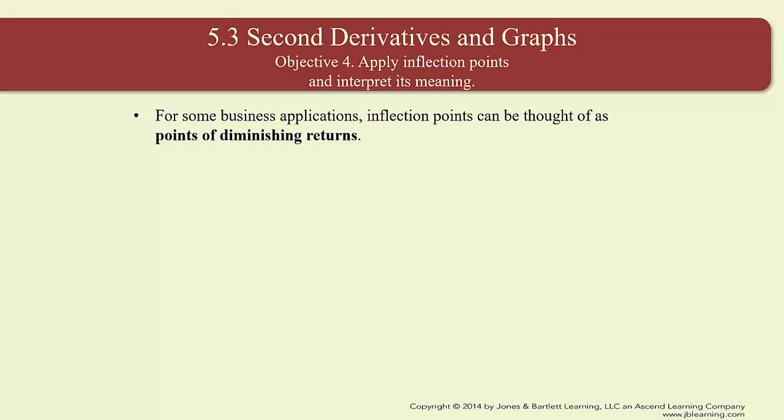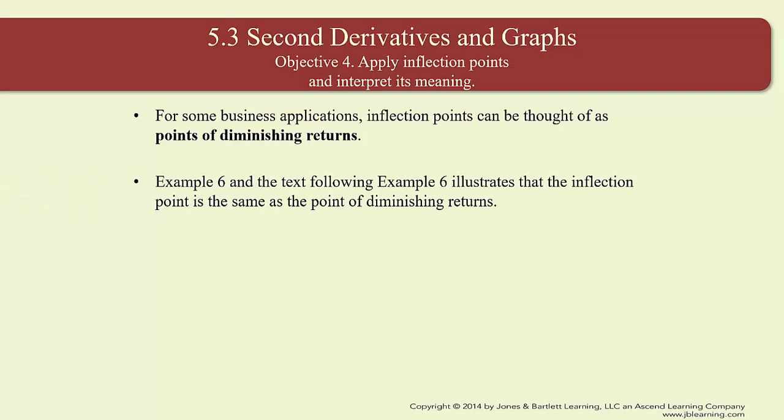They have a special name: they're called points of diminishing returns. In your text, example 6 and the text that follows illustrate that the inflection point is the same as the point of diminishing returns.